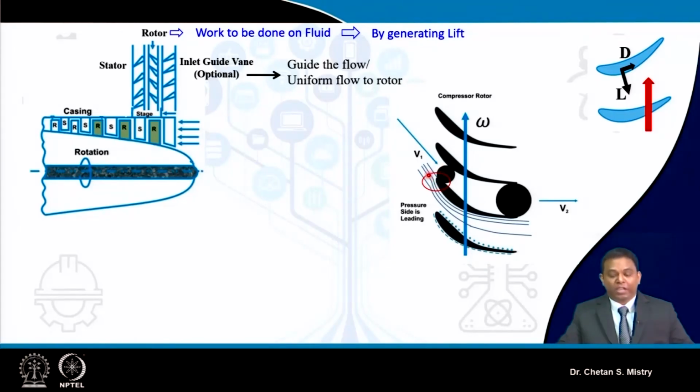So the question is, how is this suction happening? Realize one thing: because of this passage area, it is acting like a nozzle, and that decreasing passage area is where your flow gets accelerated. That is how suction happens in an axial flow compressor. There is no other means by which my flow enters inside. Many people get confused about how the suction happens.